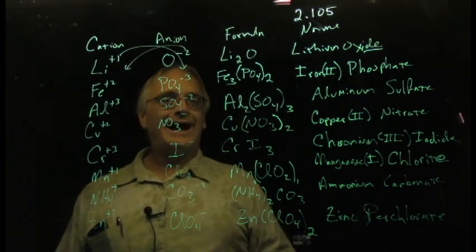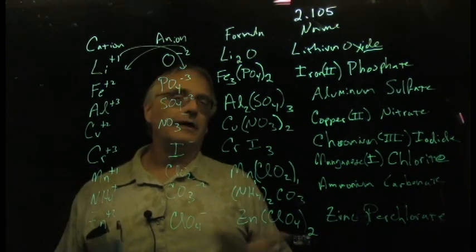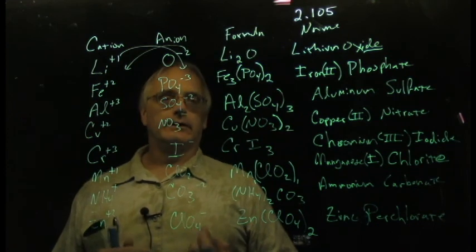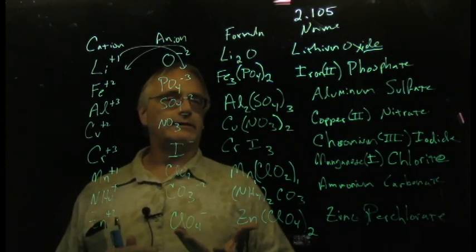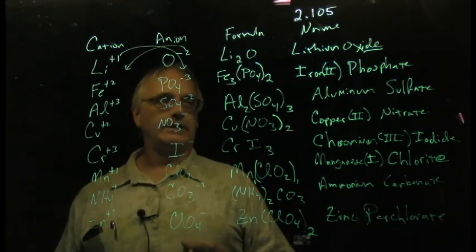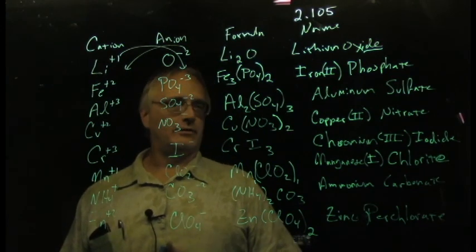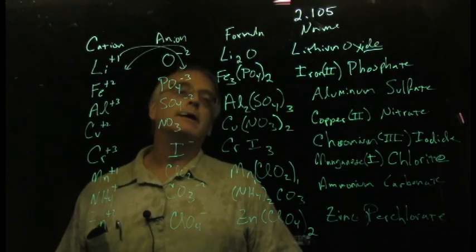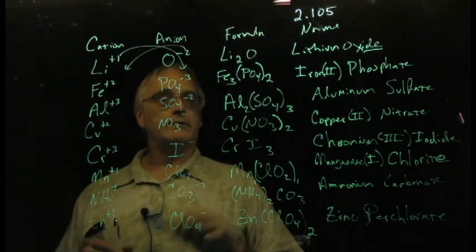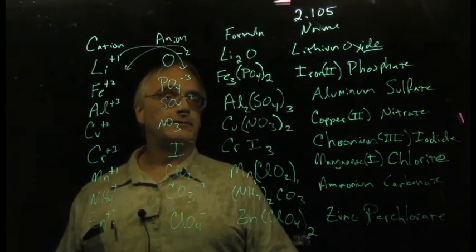If you know that information, and yes, there are hundreds of ions known, but this is why I ask you to confine yourselves to this table, found in the text and the ones in bold. Given that information, you can do an awful lot of naming and formula writing and get pretty good at it pretty quickly. So go forth, practice some of this stuff, and commit these to your database. See you later.